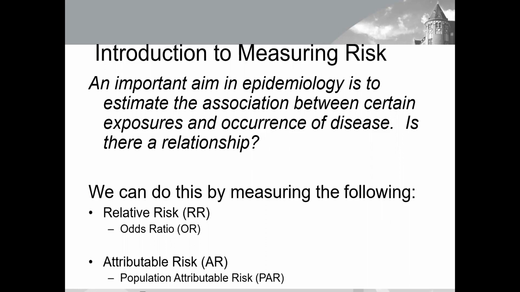How can we do this? We do this by measuring the following. We can measure the relative risk, or the odds ratio, or the attributable risk or population attributable risk fraction.